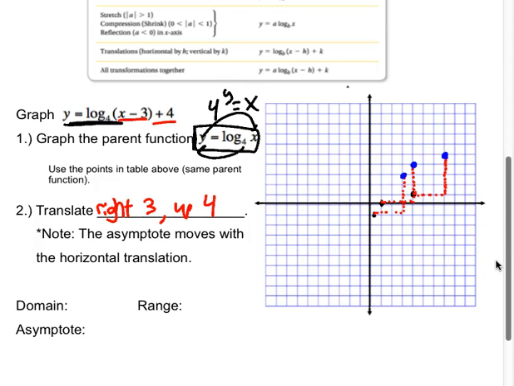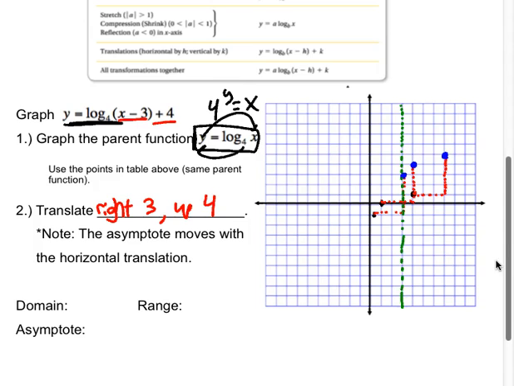So remember how to just simply shift the points around. That's what all those pluses and minuses right there are doing, the x minus 3 and the plus 4, just shifting it around. However, do note, that's not the only thing that's going to shift. Notice all of my points shifted 3 to the right, so that asymptote is also going to shift 3 to the right.